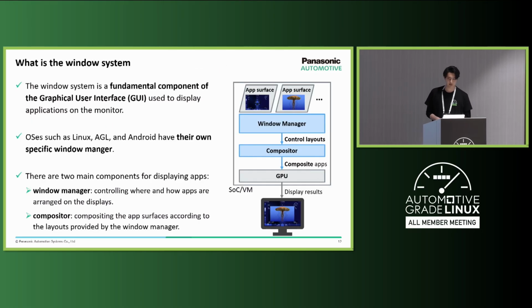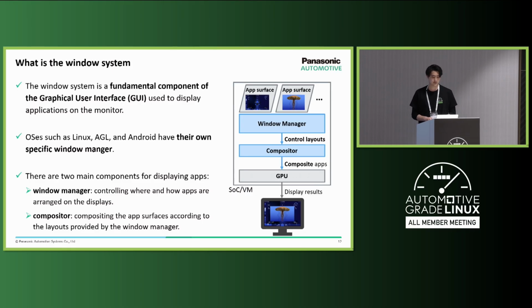The windowing system is a fundamental component of the graphical user interface, called the GUI, that manages the display of applications on the computer monitors. Operating systems such as Linux, AGL, and Android have their own specific implementations of the windowing system.